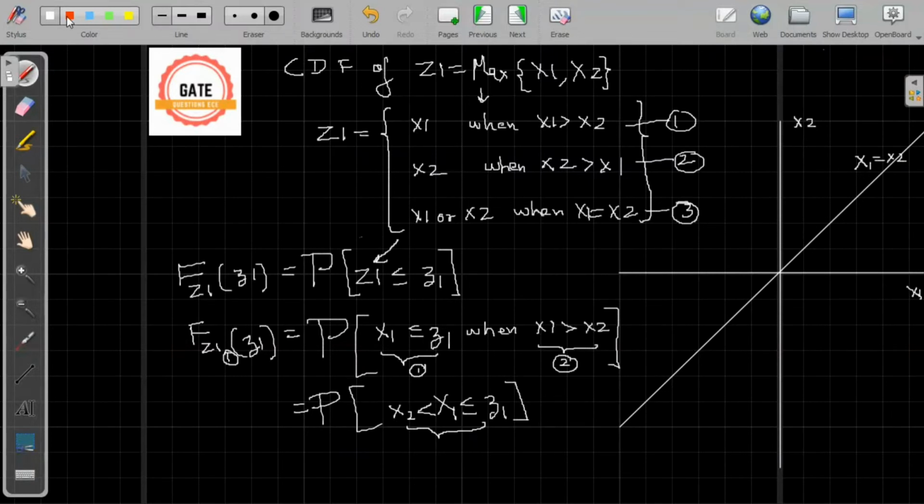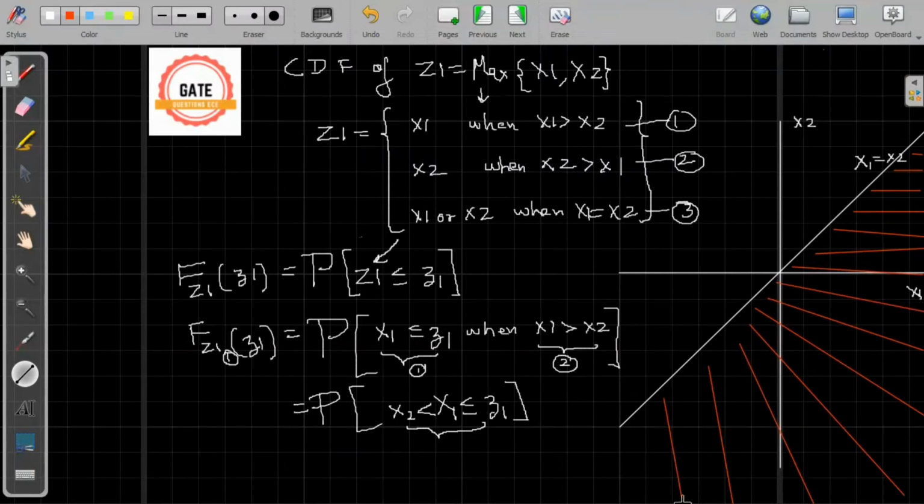So I am going to draw that region with red lines. This region is x1 greater than x2.